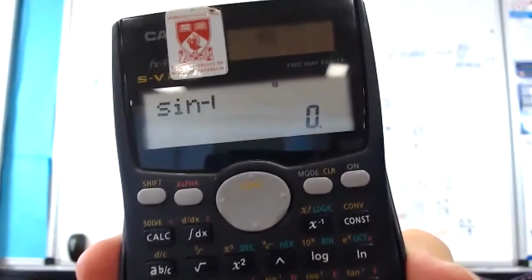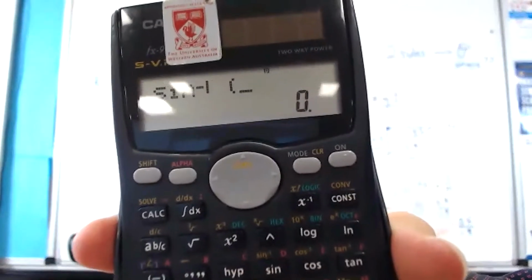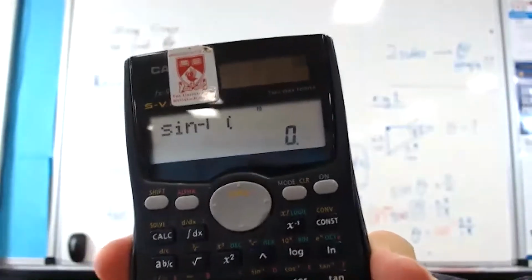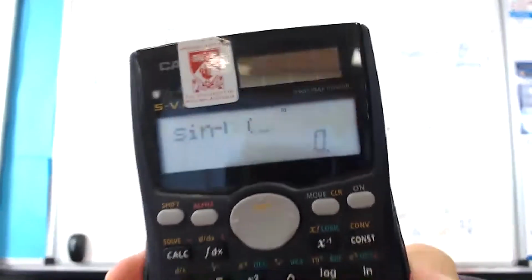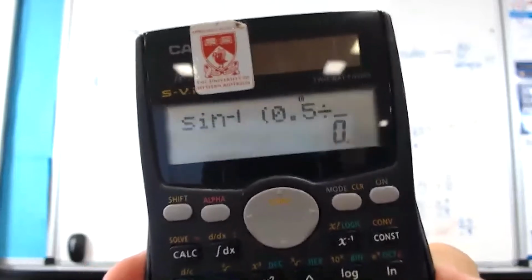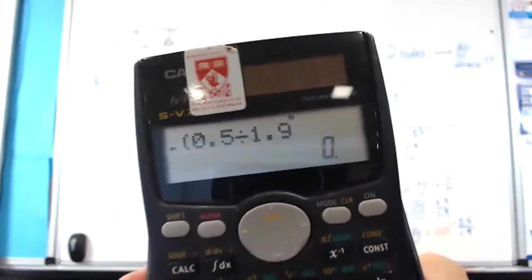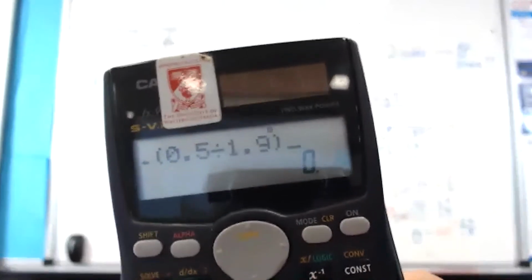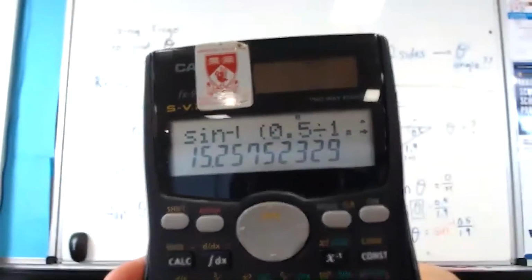Now very important, you have to open bracket. So open bracket, 0.5 divided by 1.9. Then close the bracket and hit the equal sign. Voila. There we go. That's the answer.